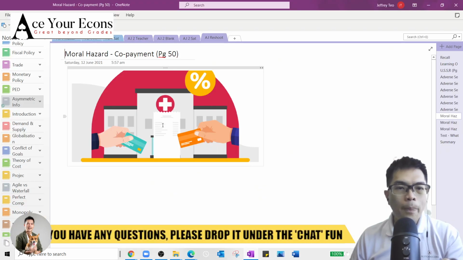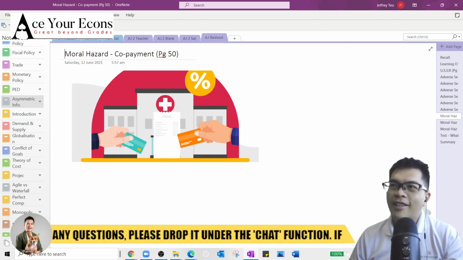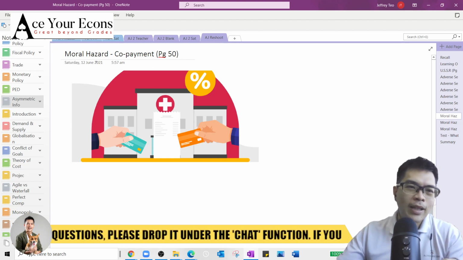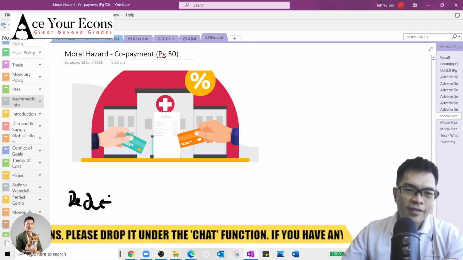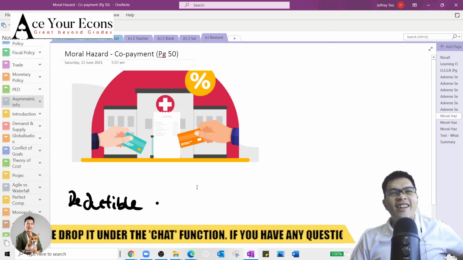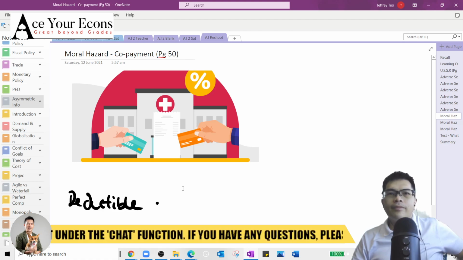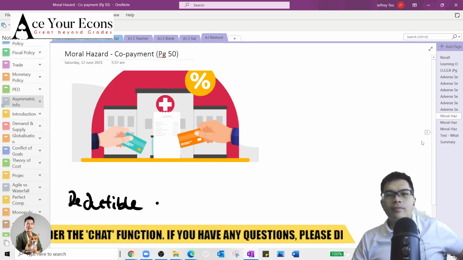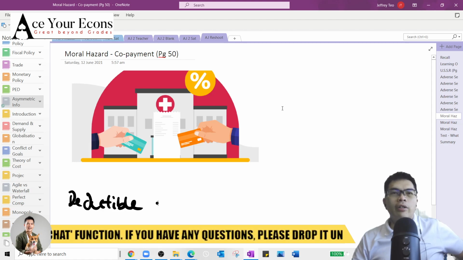So what is co-payment? This one I think your dad will surely know. Or deductible. Sometimes they will also use slash deductible. This is where you pay a part of the insurance, right? Both you and the insurer pay, and the insurer will pay the rest.